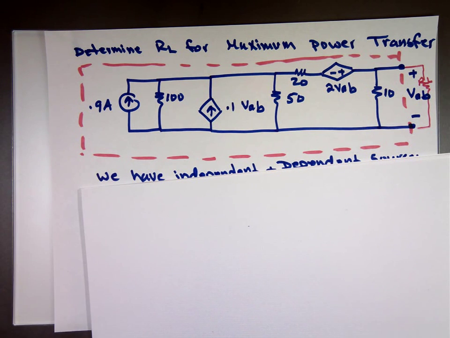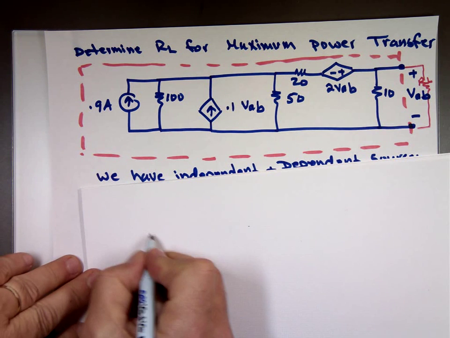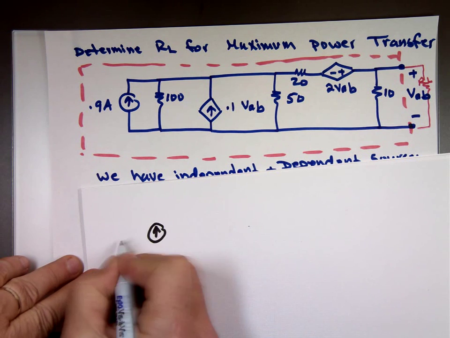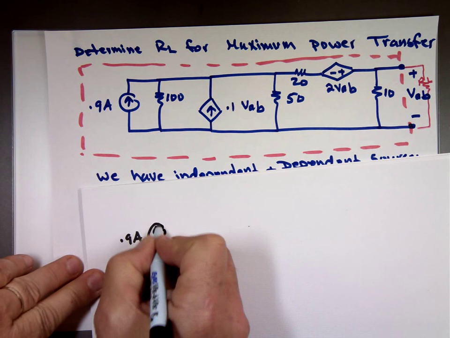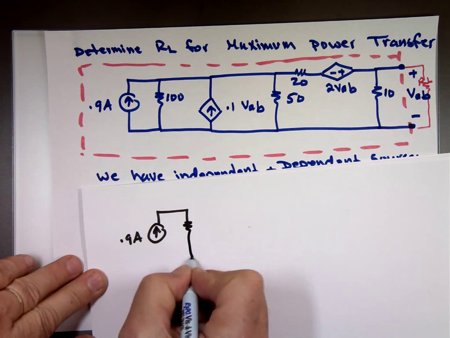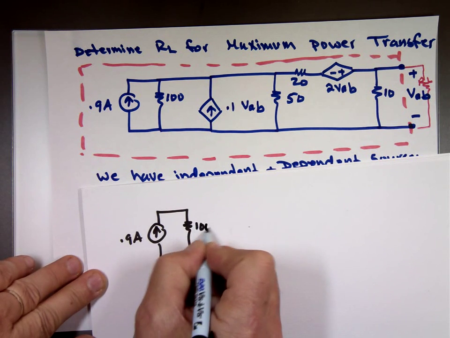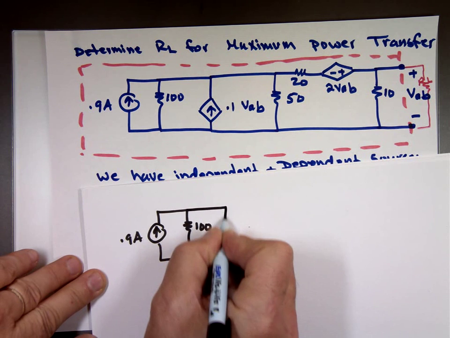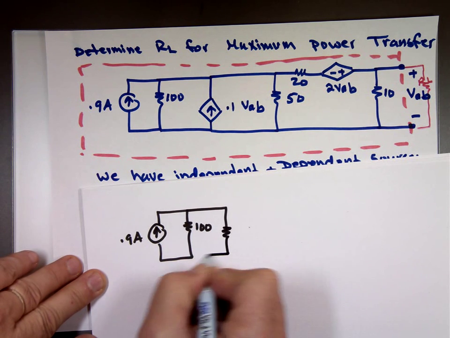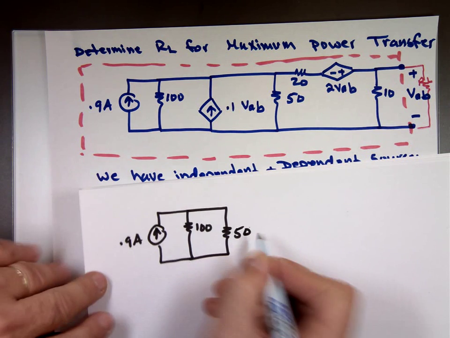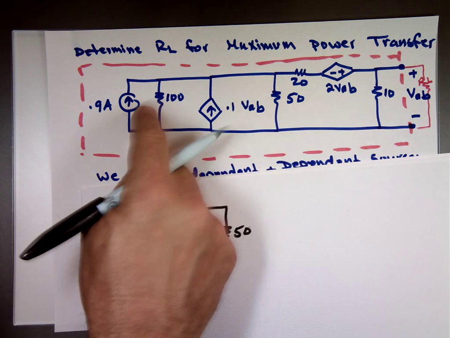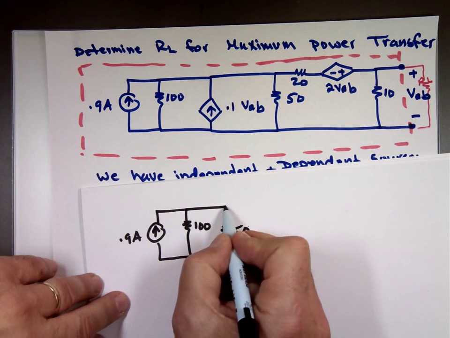Watch what I'm going to do to make my life a little bit easy. Look at my circuit now. 0.9 amp. Here's the 100. Look what I'm putting next to it. The 50. I took this, put it next to it. They're all in parallel. I don't really care which one you put. Doesn't make any difference.